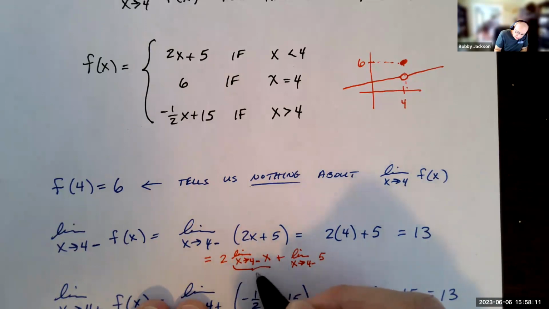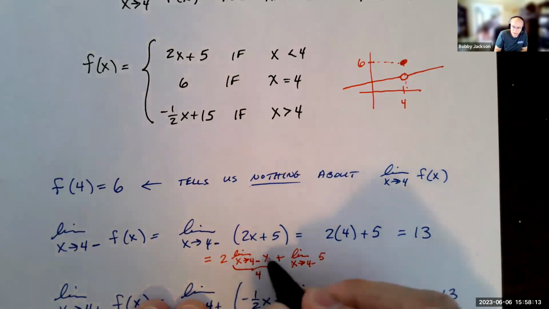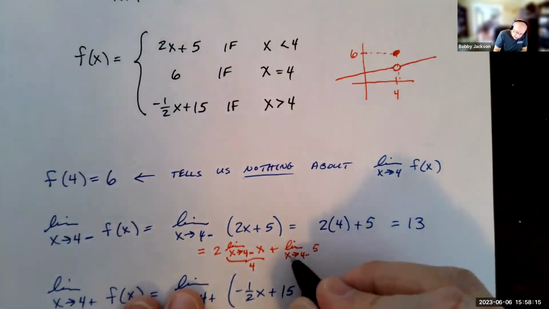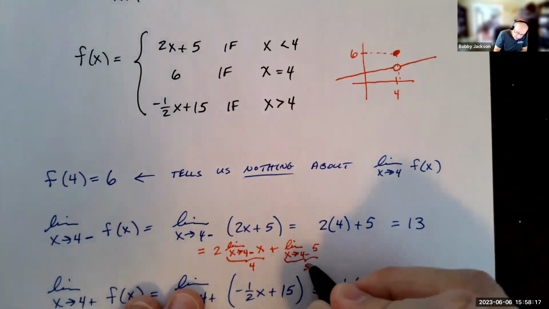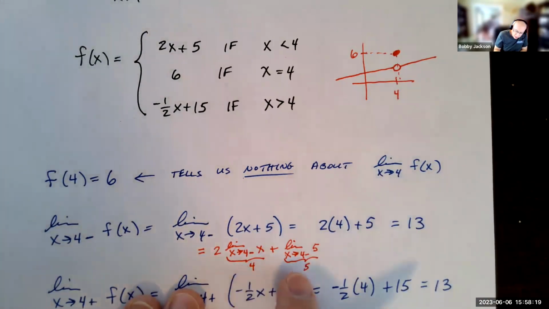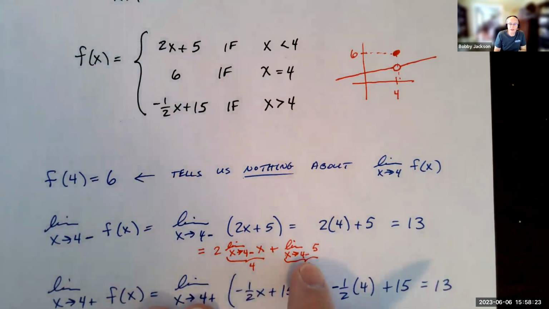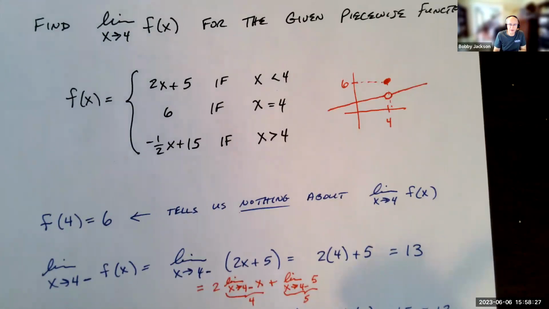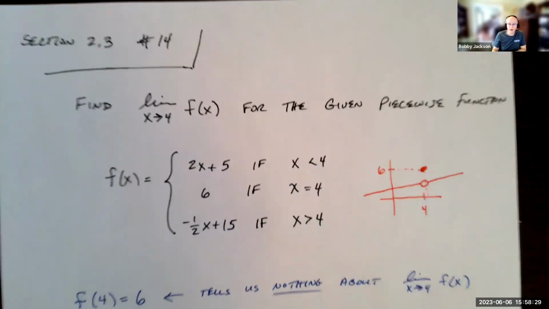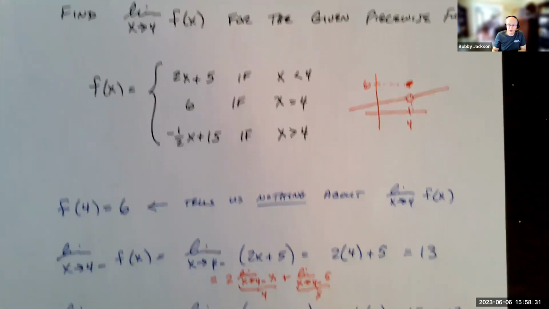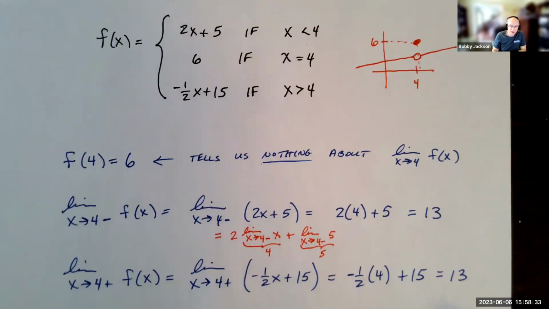This limit is 4 because this is just approaching x, and this limit is 5 since 5 is a constant, and I get 2 times 4 plus 5, as I've written here, which is 13. So I'm really using the basic limit laws. Okay, I kind of got ahead of myself in this section. We haven't yet talked about continuous functions, so we'll be getting there in the next section.